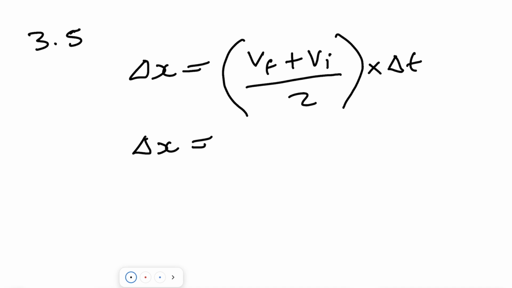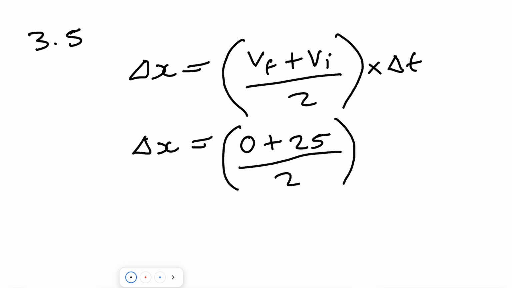The final velocity is going to be 0 because this taxi would have stopped by that time. So the final velocity is 0 plus the initial velocity, which was 25 meters per second, divided by 2, multiplied by 2. The change in time is going to be 2 seconds because from the time the taxi driver slams the brakes, it will take 2 seconds for the taxi to come to a complete stop.